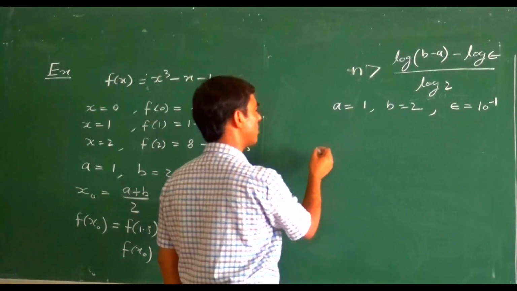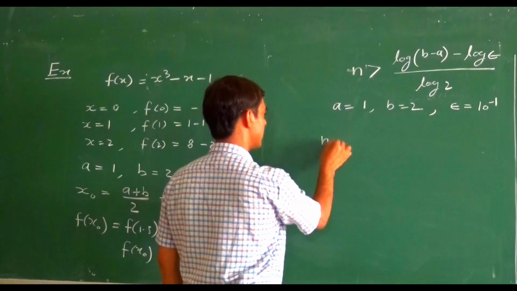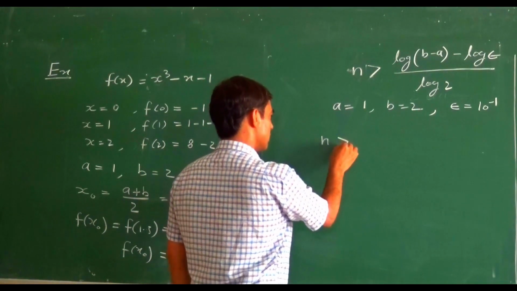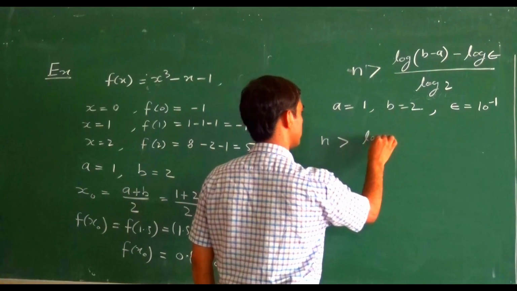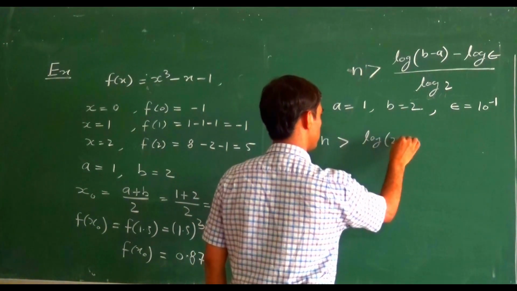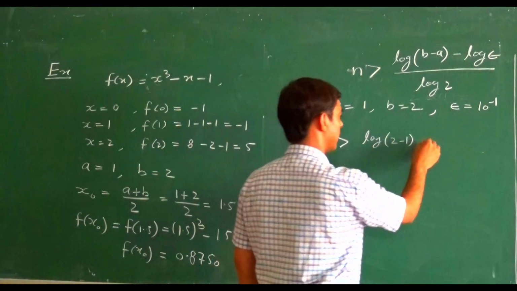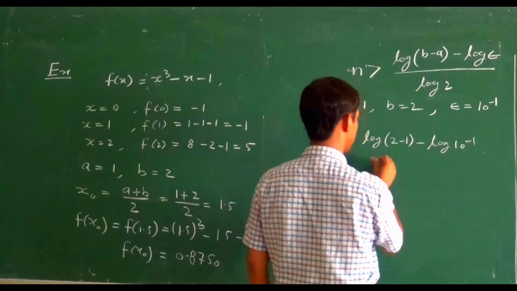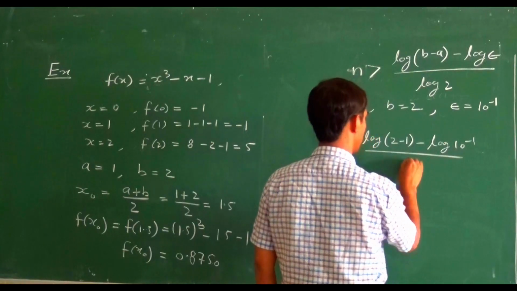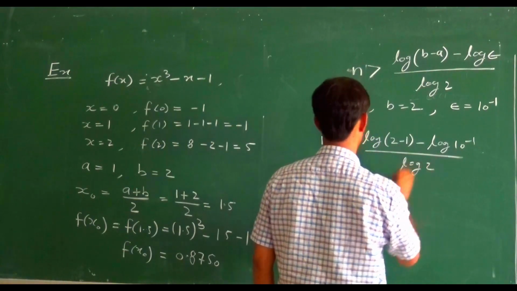Now if this is 10 to the power minus 1, then n is greater than what? Log of b minus a, which is 2 minus 1, minus log of 10 to the power minus 1, divided by log 2.